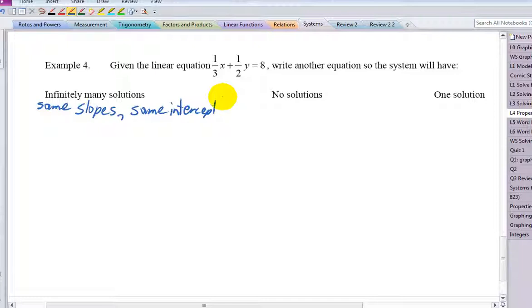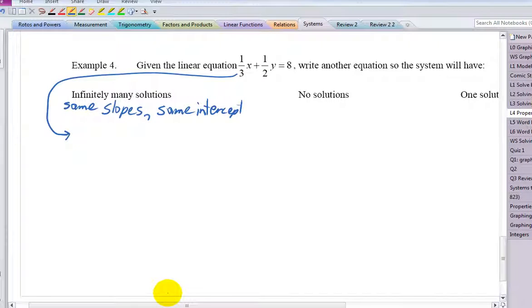What could we do to make an equation like that? Take this equation and do what? Times it all by a common number. What kind of number would be good? 6. And why? Because of the 3 and the 2. So we're going to multiply it by 6.